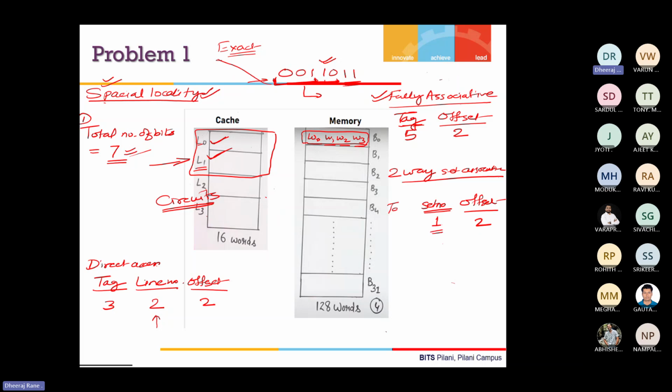Whatever remains, I'll put into the tag bits. So this is direct, this is fully associative, and this is two-way set associative. This way, you will have the whole calculation in terms of the mapping.